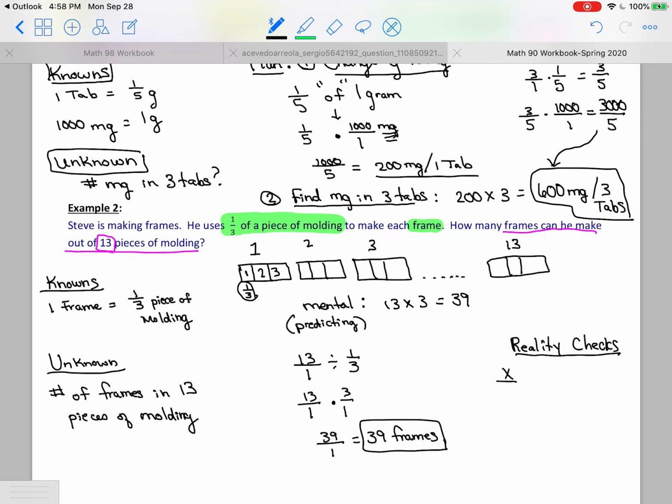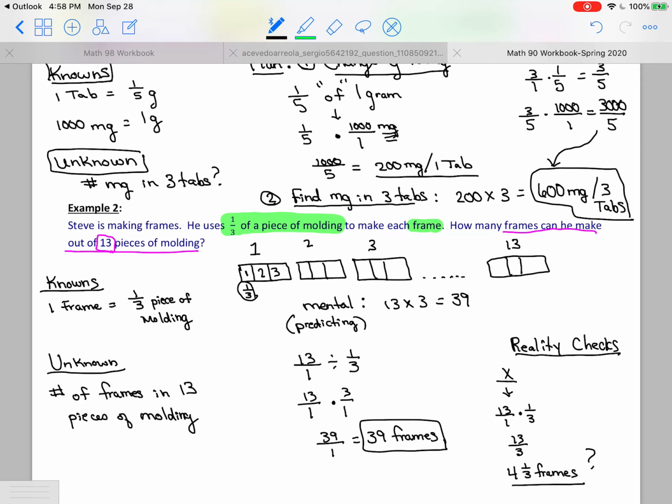I'm using an X, like I said you shouldn't, but we're going to use this right now. If we took that 13 and we multiplied that by 1/3, right? So if we got our numbers crossed a little, we would get 13 over 3, which is going to give us 4 1/3 frames.